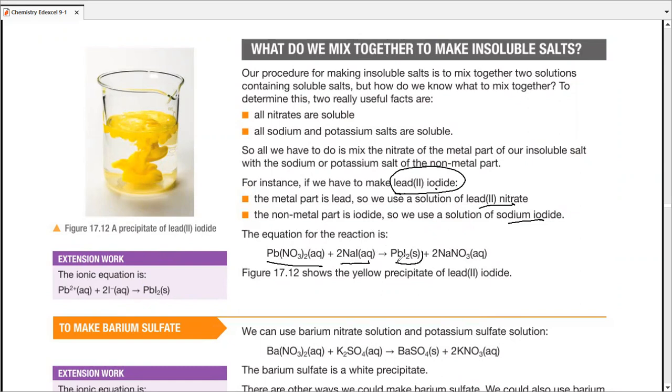You form lead(II) iodide precipitate, which is a pretty yellow color. This is instantly forming upon mixing, and this yellow color is quickly trying to settle down at the bottom. That's our precipitate, and you'll get sodium nitrate solution as the spectator ions.